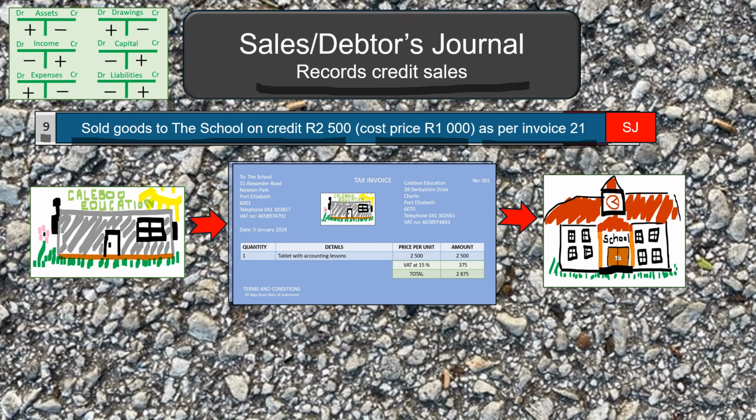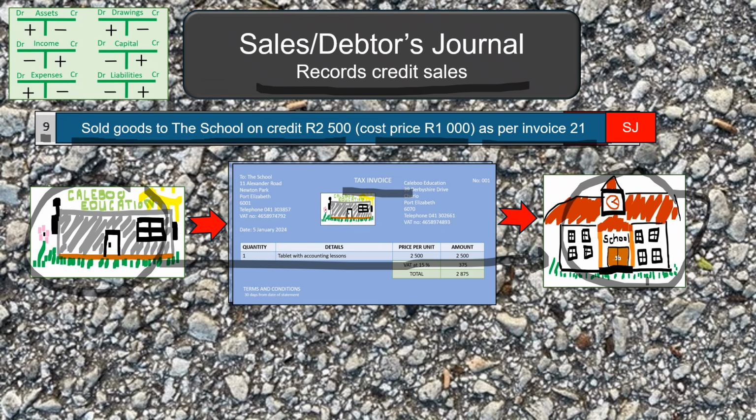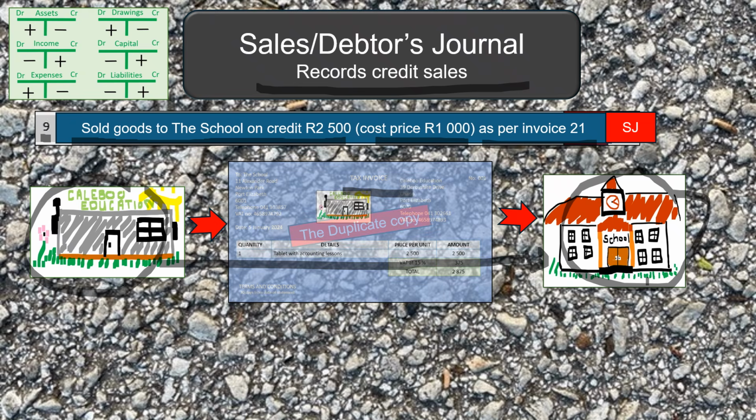Now what happens is Calibu Education is selling to the school on credit. The school has an account with Calibu Education to buy on credit. The school receives goods now and pays later. Calibu will issue a tax invoice, a credit invoice to the school, like that.